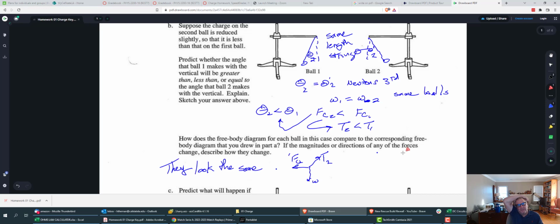And then this is a static equilibrium problem where you have, let's see, so the components would be F Coulomb, and there's a tension component, let's say in the horizontal direction, and then there's also the weight, and there's a component of the tension in the vertical direction.